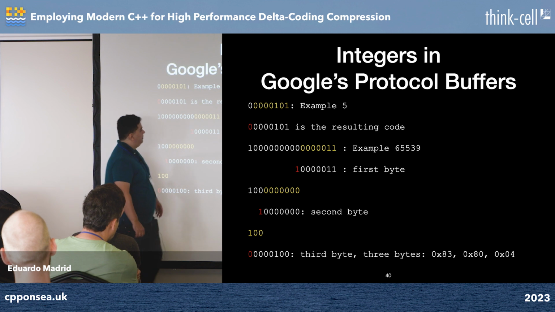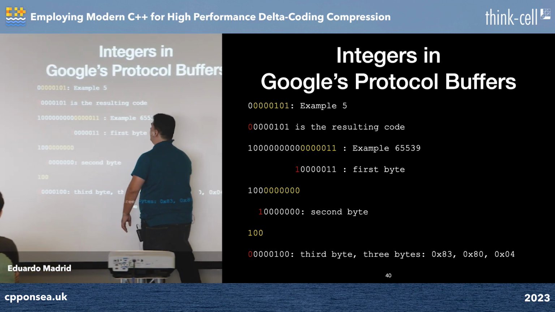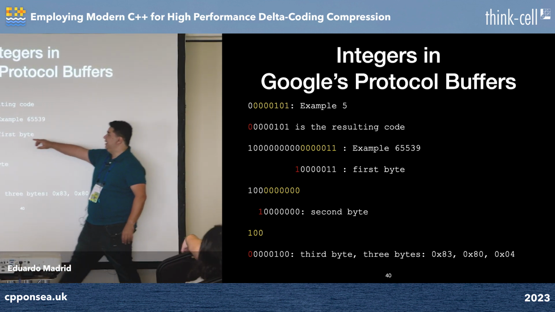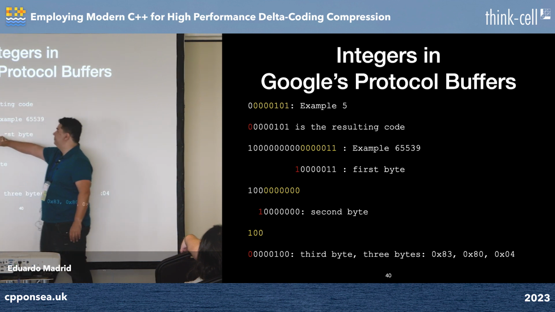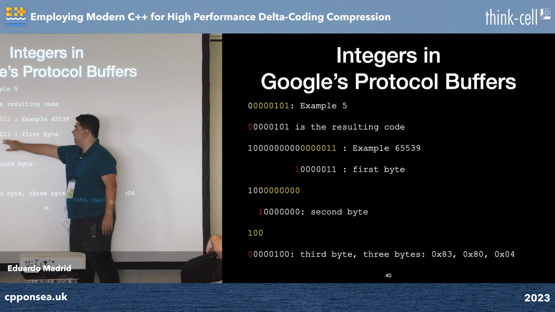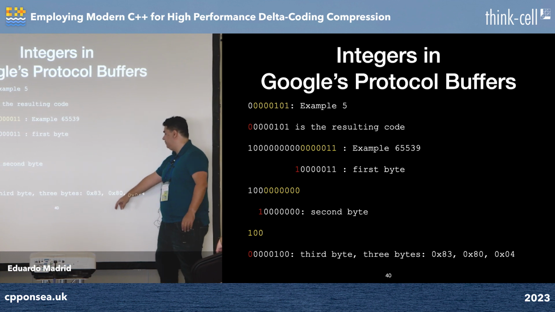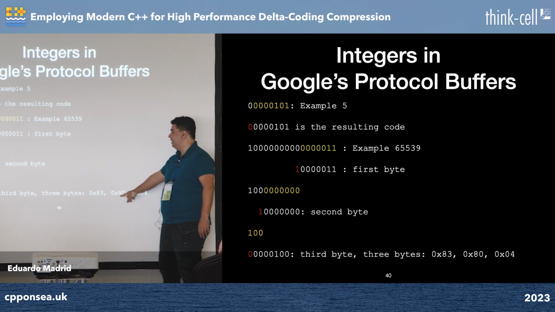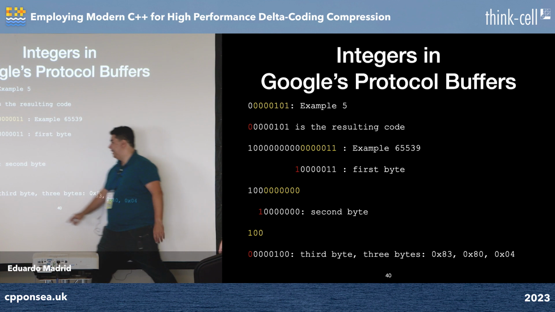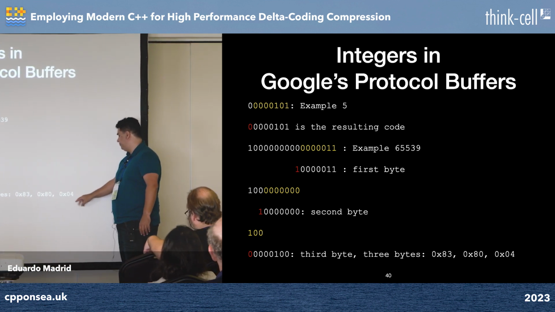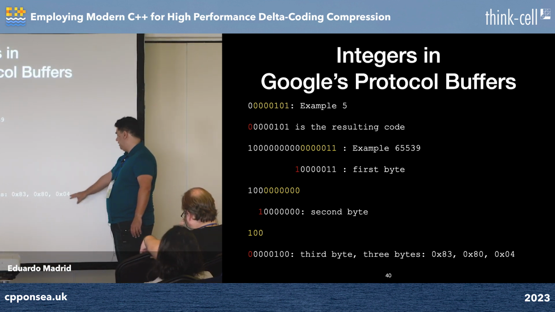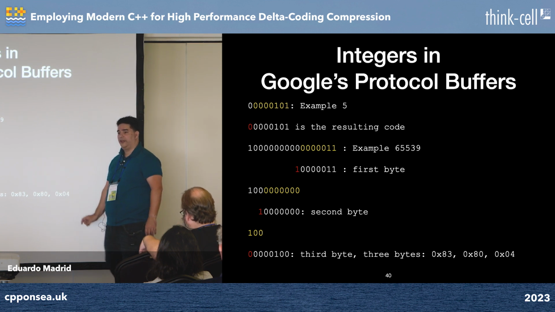So what is it that we end up having? This is the hexadecimal 83. This is the hexadecimal 80, and the hexadecimal 4 for the third byte.